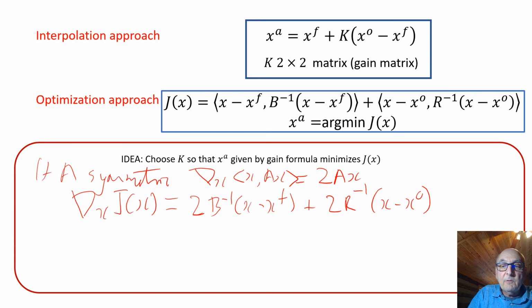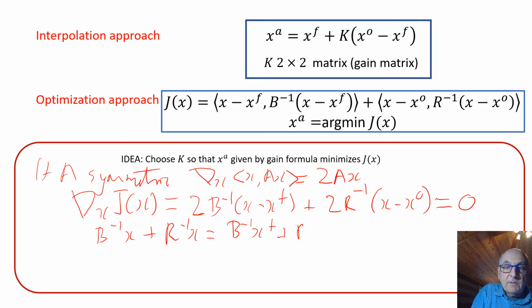And now what we want to do to find the minimum is to set that equal to 0. You can cancel the 2's and collect the X's on one side, and you get B inverse X plus R inverse X is equal to B inverse XF plus R inverse XO.